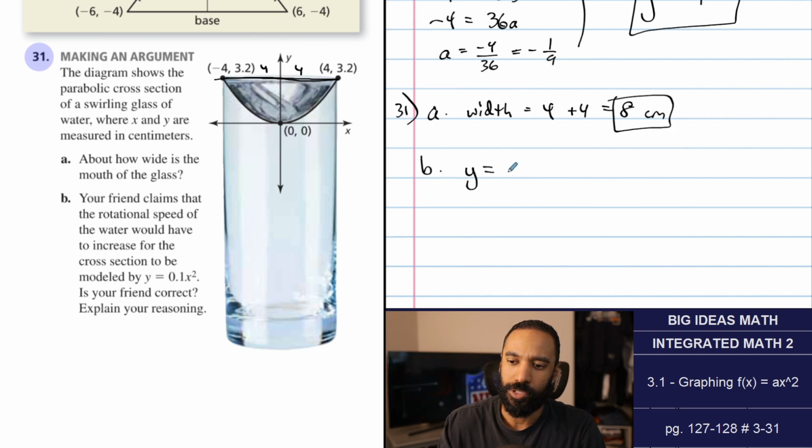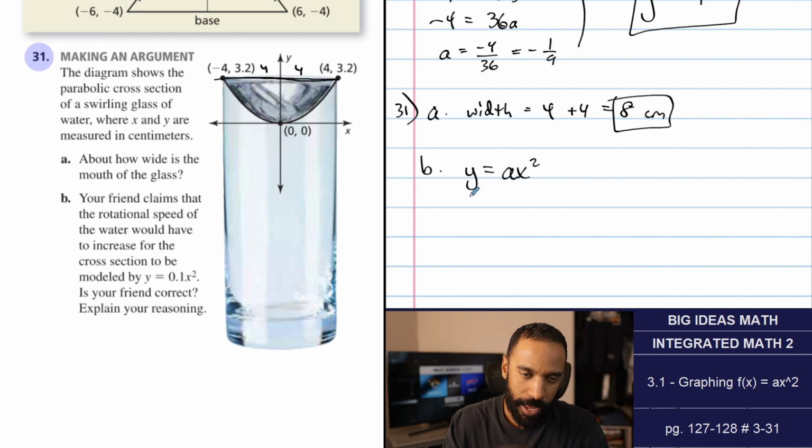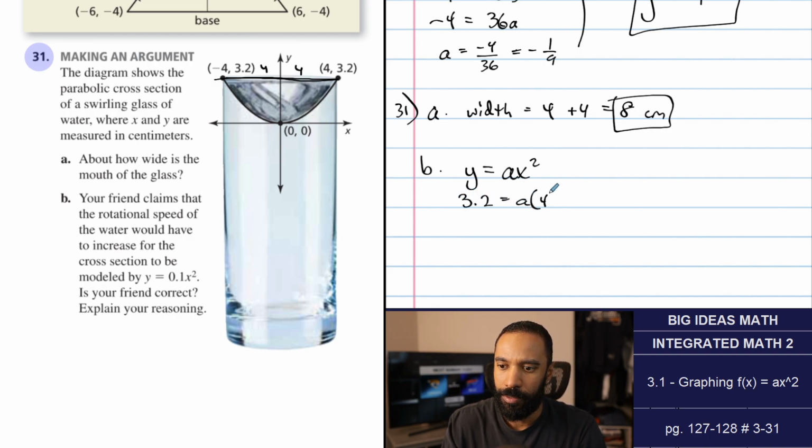Let's say y equals ax squared. Let's figure out what this one has. I can plug in 3.2 for y and 4 for x.